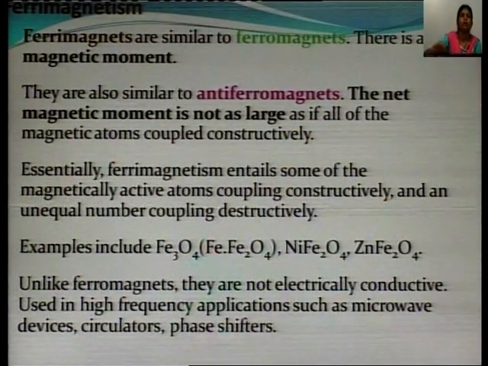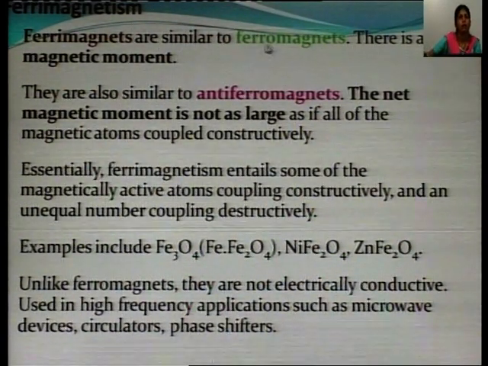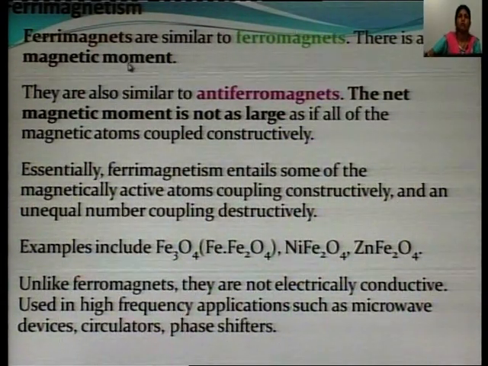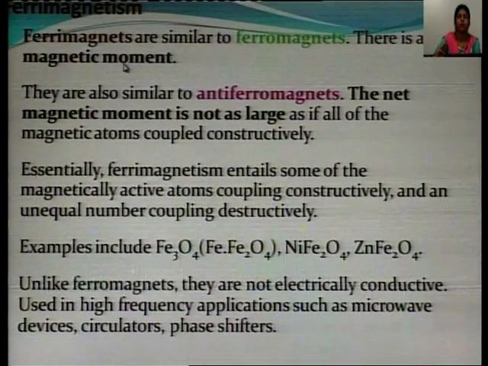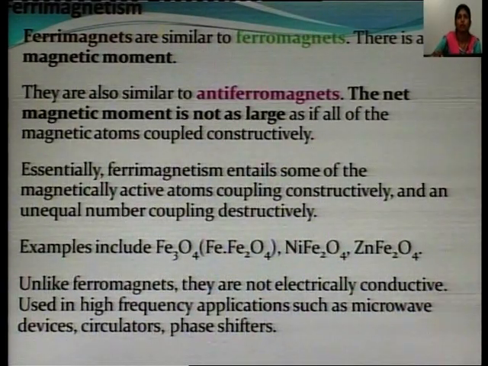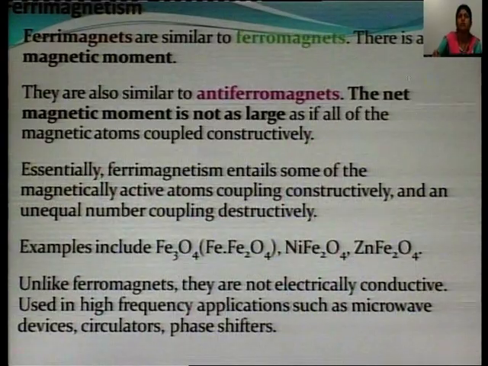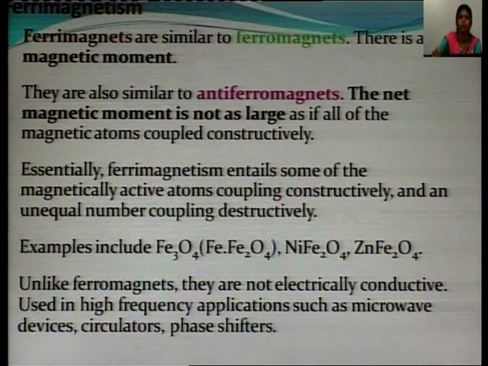The next is ferrimagnetism. Similar to ferromagnets, there is a net magnetic moment. So we have considered the three categories: first is ferromagnetic, the second is antiferromagnetic, and third is ferrimagnetic. Now ferromagnetic materials have a very strong net magnetic moment.